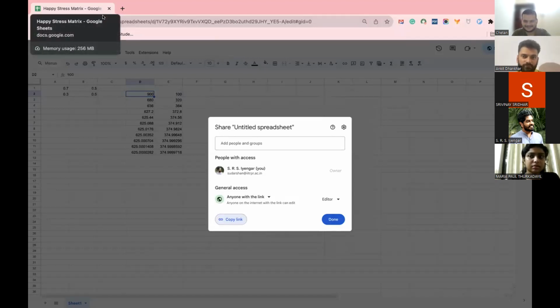Come and change the entries of B2 and E2, and you will observe that the convergence to 625 and 374 is constant.